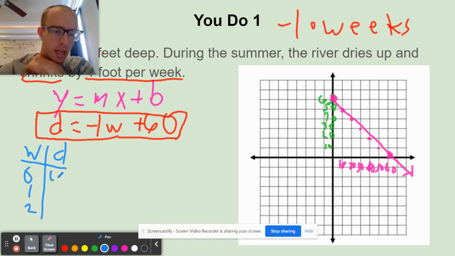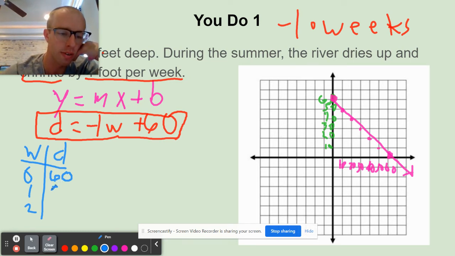So I know that the depth is 60 after 0 weeks. If I wanted to figure out, well, it goes down 1 every week. So I just need to go down 1, right? This is where we got to let common sense overtake having to do any math. Sometimes if we just use common sense, we don't have to do any math, which is pretty nice. Goes down 1 every week. Goes to 59. Goes down 1. Goes to 58.